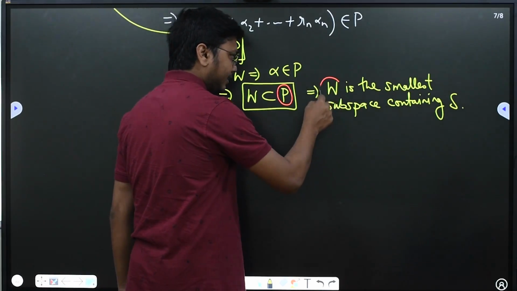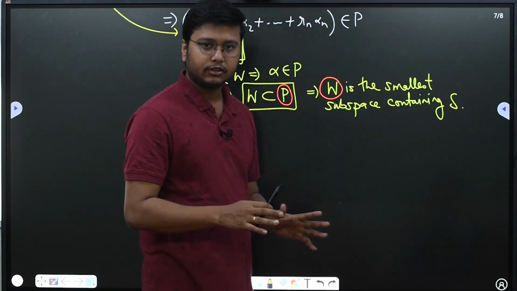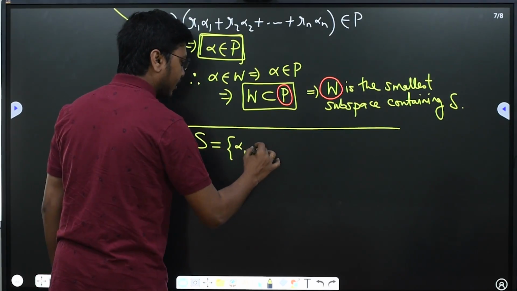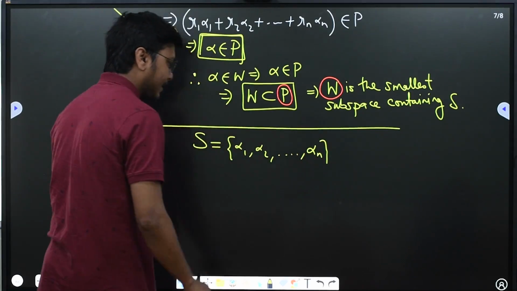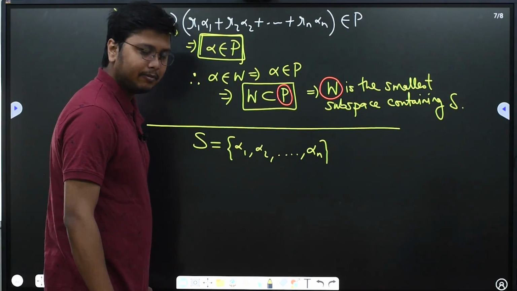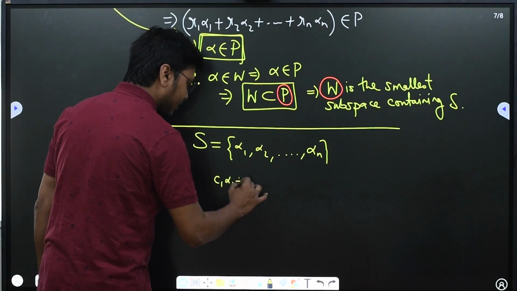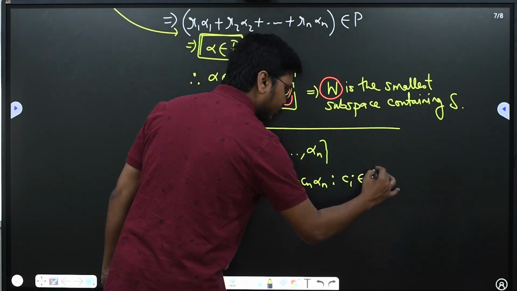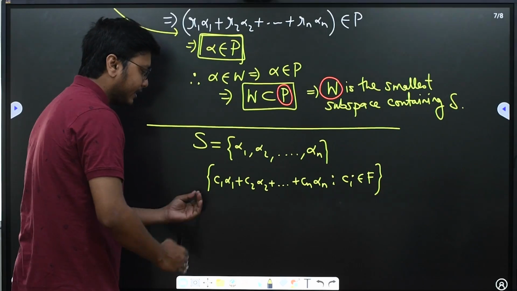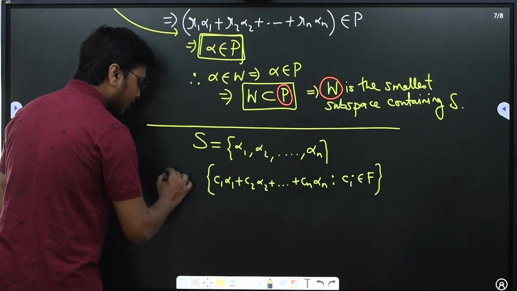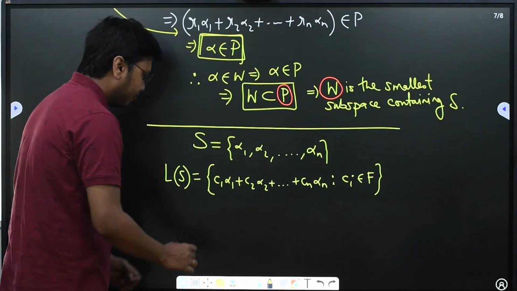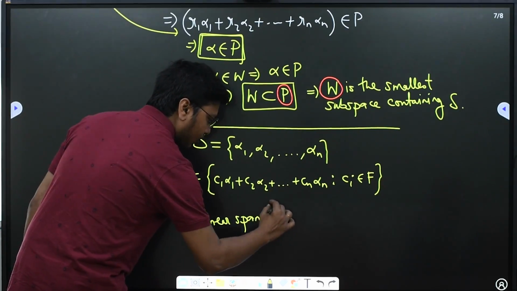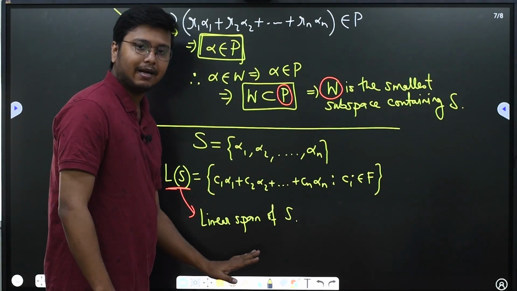This W set, in this particular theorem, was a set of all linear combinations of the elements of S. So from now on, whenever I have a set S, let's say alpha 1, alpha 2, dot dot dot alpha n, then the set of all linear combinations of the elements of S, that means C1 alpha 1 plus C2 alpha 2 plus dot dot dot Cn alpha n, such that all the Ci's belong to F, this entire set, created by linear combination of the elements of S, we are going to call L of S, which is called the linear span of S. From now on, this is going to be the abbreviation that we use.